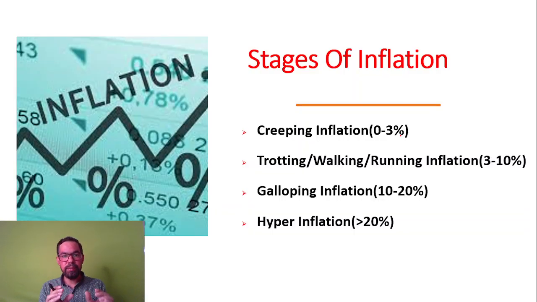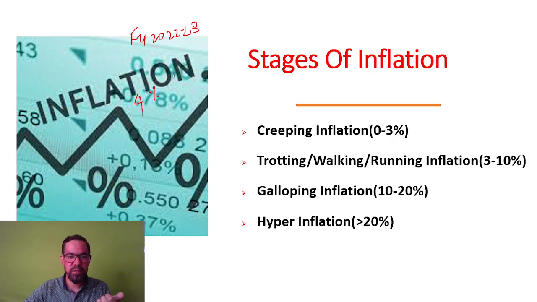On the basis of that range, let's say you talk about the Indian economy. In financial year 2022-23, suppose the inflation range was sometimes 4%, sometimes 5.5%, sometimes 6.5%. It follows a chart like this: 4%, 6.5%, 4.5%, sometimes 3%, then 5.2%.